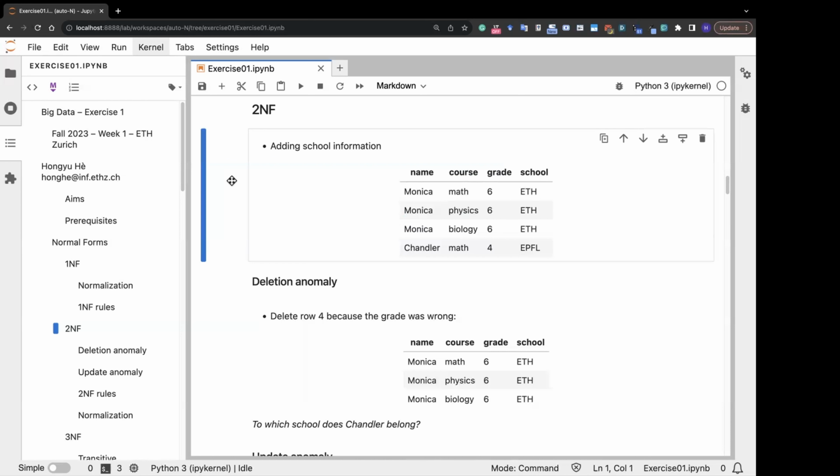Because SQL is a declarative language, when you say you want to update all ETH to EPFL, that's a single atomic operation. Either you do it as a whole, or you fail in between and reverse it back. That's what it would do.